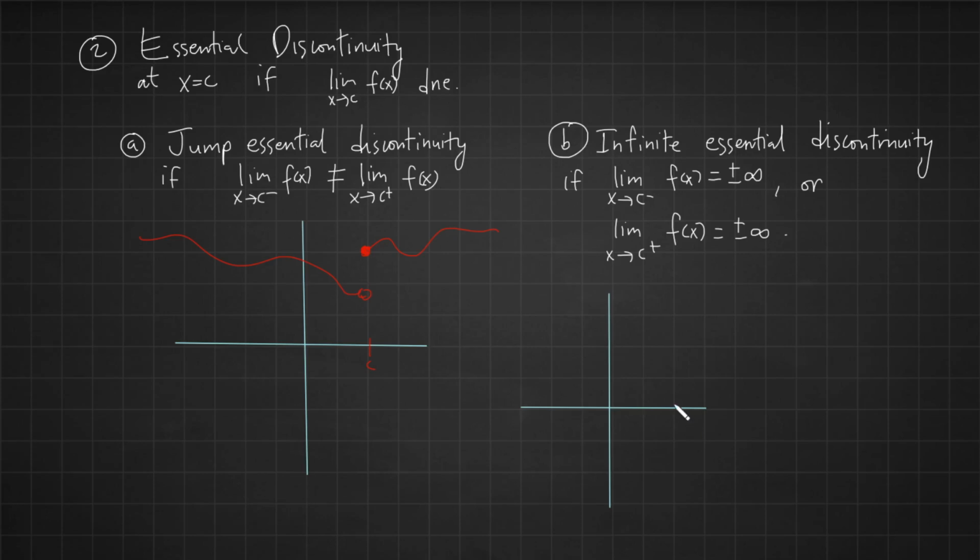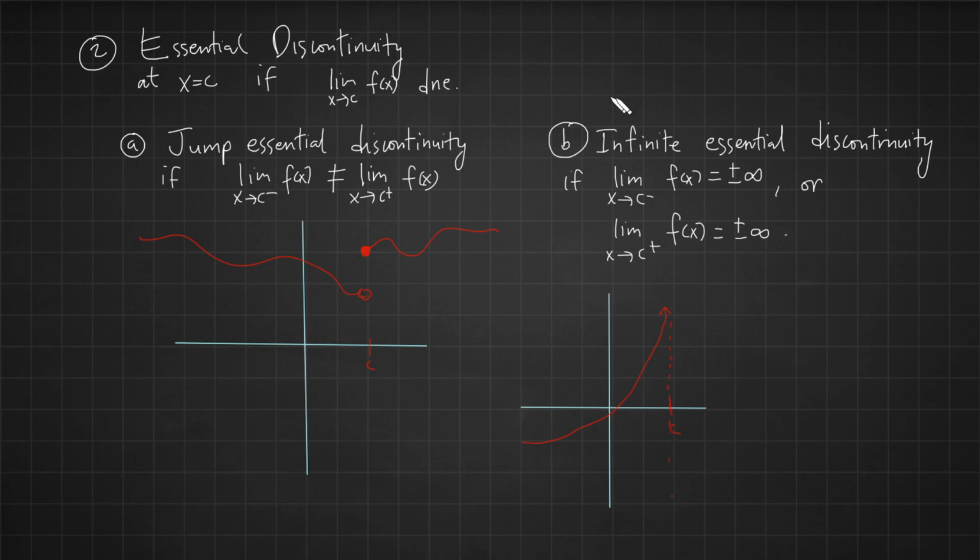So halimbawa, c ay nandito, and then meron tayong asymptote at that value of c, ganyan. It's enough na yung one side goes to positive or negative infinity. So kung na-show na natin na pupunta siya ng infinity kung lalapit tayo ng c from the left, then you don't have to evaluate the limit towards the right of c.